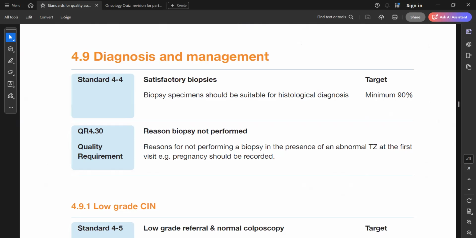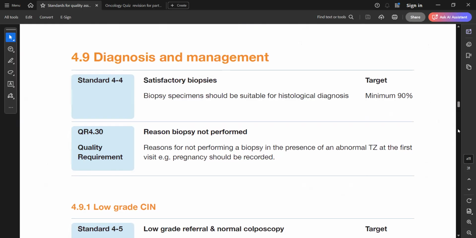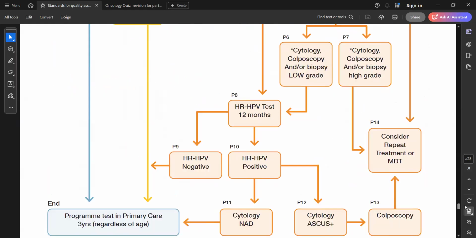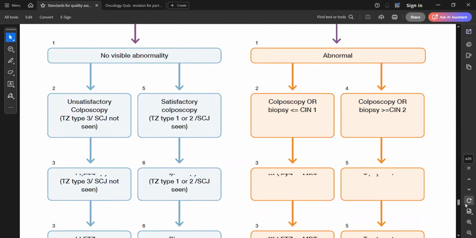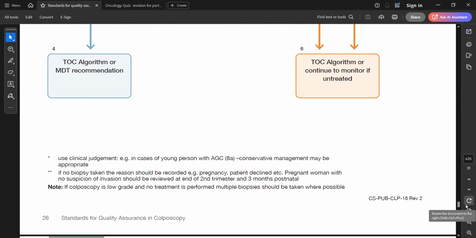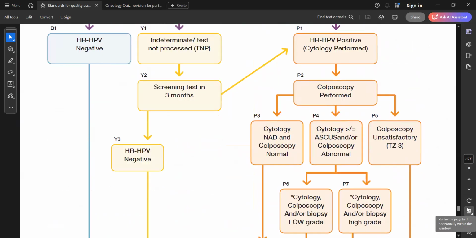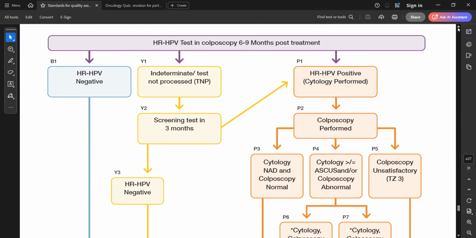So another thing that we are going to talk about, which is very important, is what's called ASCUS. I'm not really sure where it is here, but I think it's here. Yes, okay. As you can see, one of the algorithms here. If I'm having cytology with ASCUS, what does this mean?